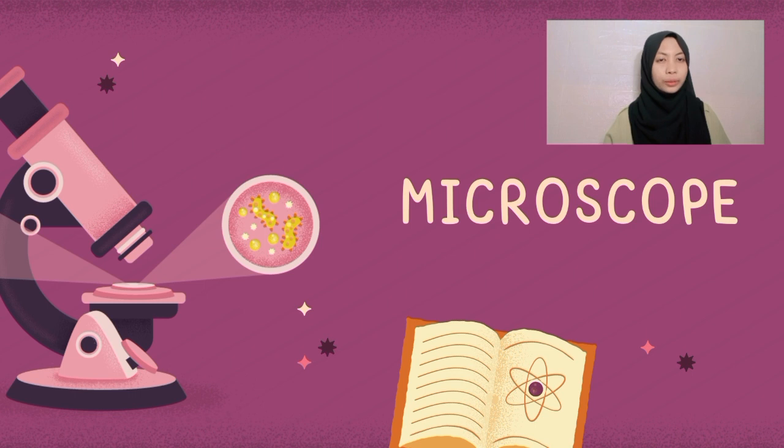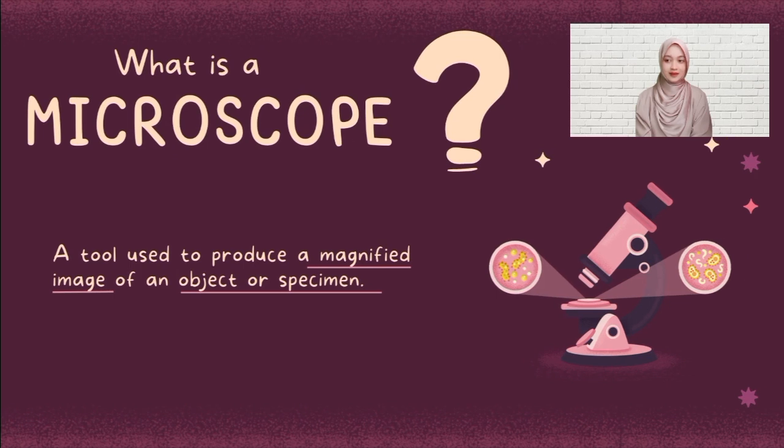If earlier we discussed cells, the next topic is a tool that can see cells, namely the microscope. As said earlier, a microscope is a tool for producing an enlarged image of an object or specimen, and therefore microscopes are often used in research, both in education and health.